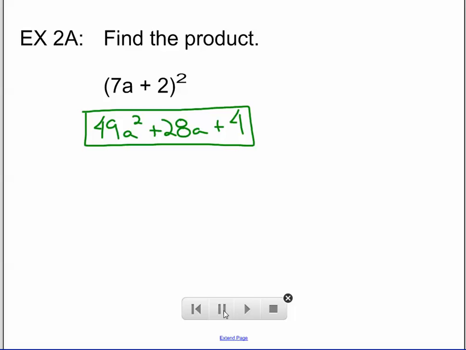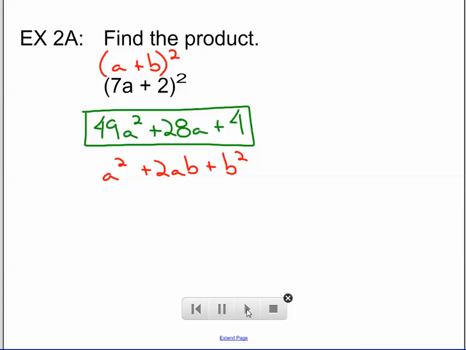Well, looking back at slide 1, that's got our special product patterns on it, I recognize that this is the square of a binomial pattern. It's a binomial times itself, a plus b times a plus b, or a plus b squared. When that's the case, we're always going to end up with this pattern, a squared plus 2ab plus b squared.